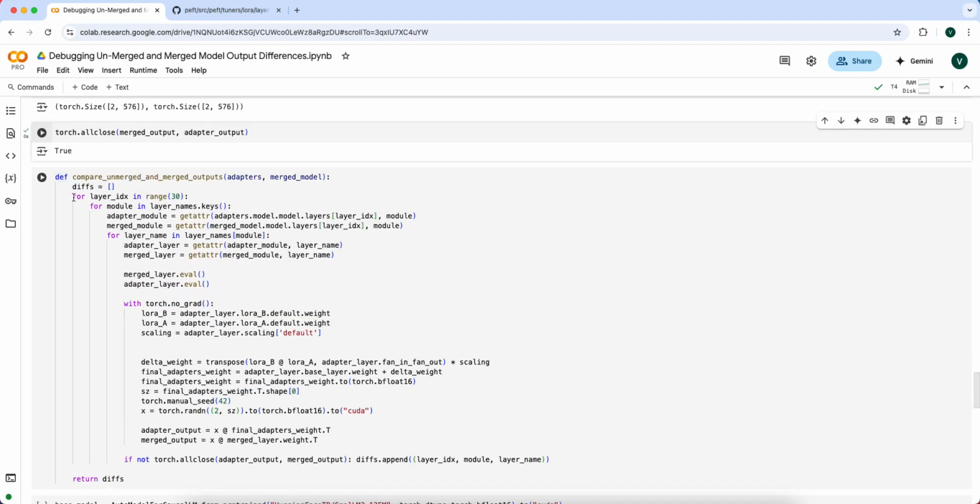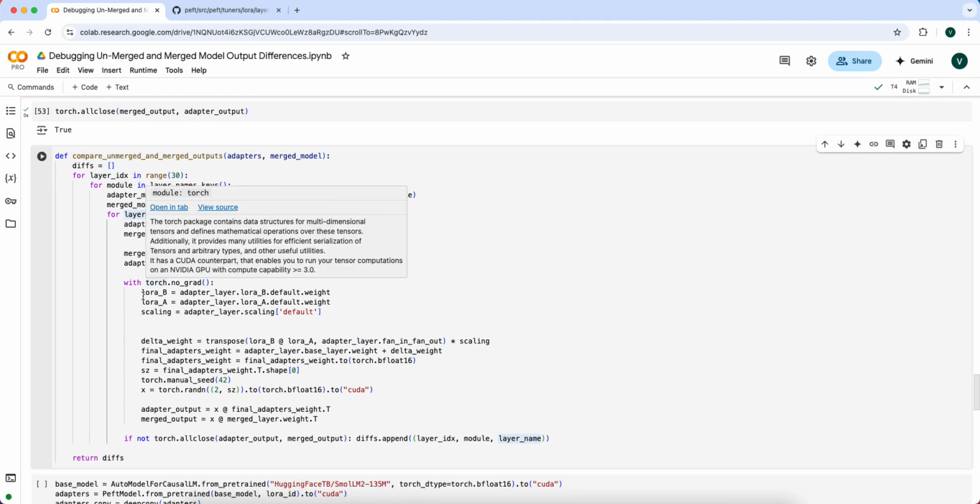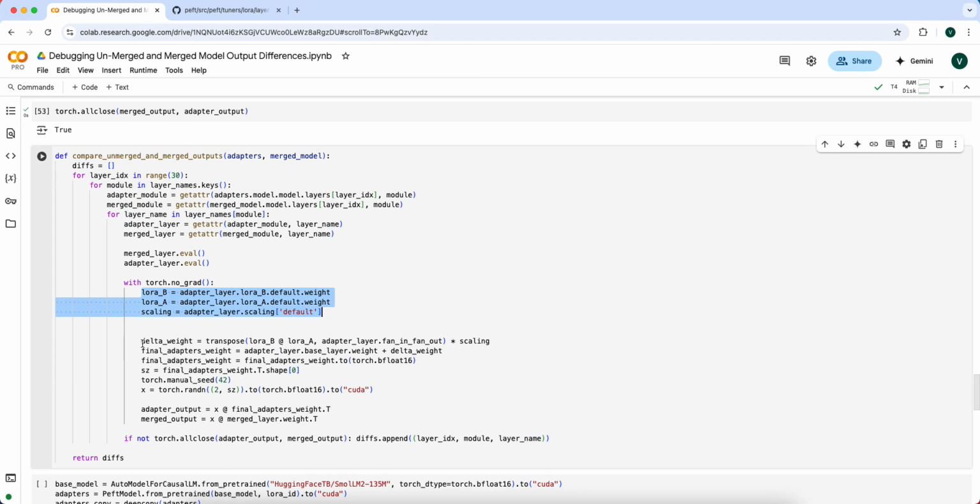I'm going to repeat the same process for all layers and all modules and all layer names inside each module. I'm going to grab the LoRA weight matrices, calculate the delta weight and the final weight, and then calculate the adapter output and the merged output. And if it's not similar, then I'm going to gather the information about where they're different.